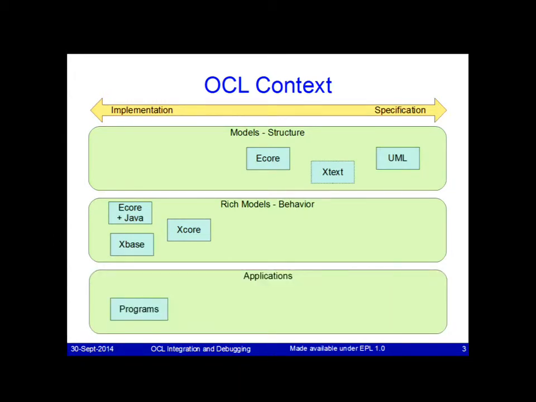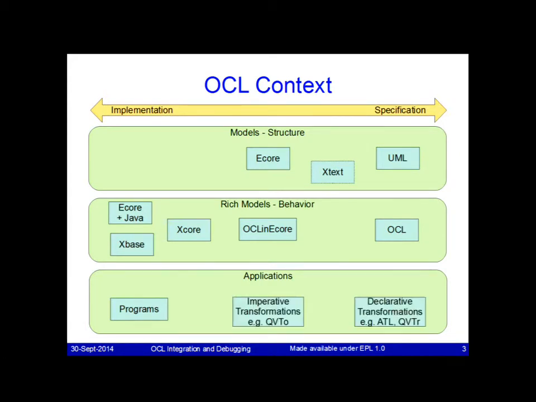But really, we're interested in applications and programs so that we can actually achieve something. And where OCL fits in is OCL is an executable specification language, so that enables us to get rich models and behavior, and OCL in ECore gives you a binding so that you can use both together, and they basically lead on to imperative and declarative transformation languages so that we can do things with a vengeance with models.